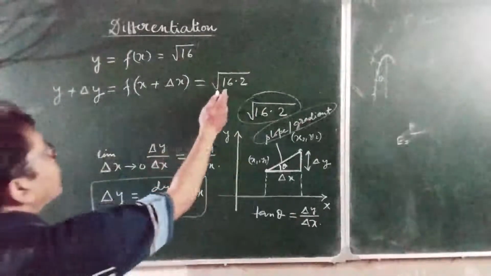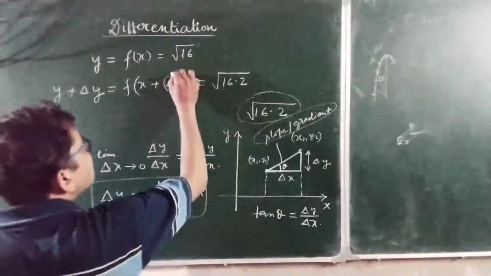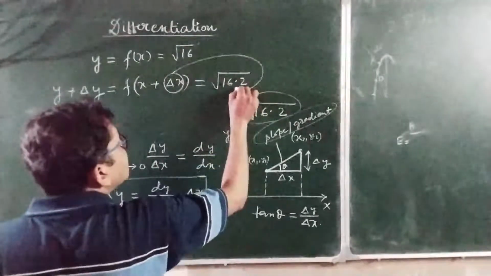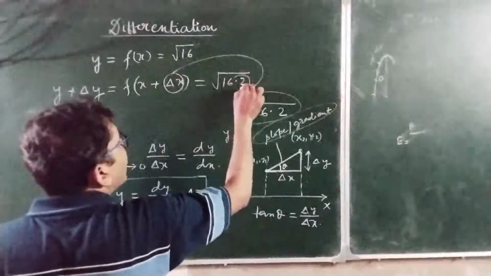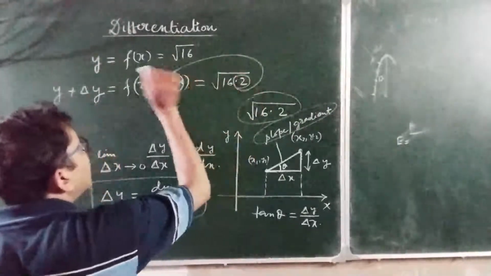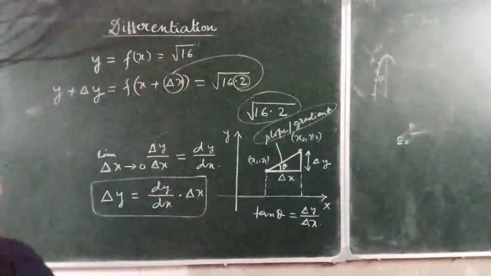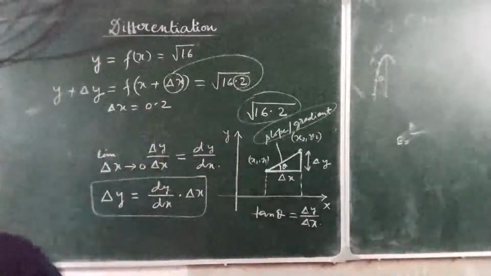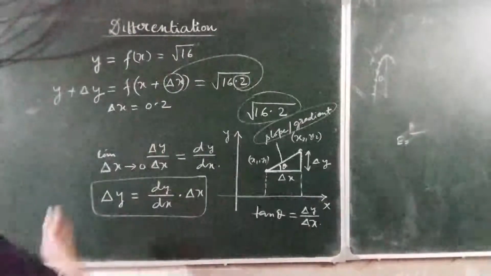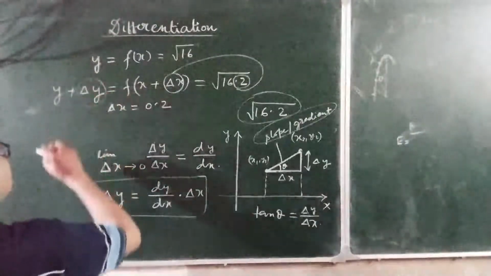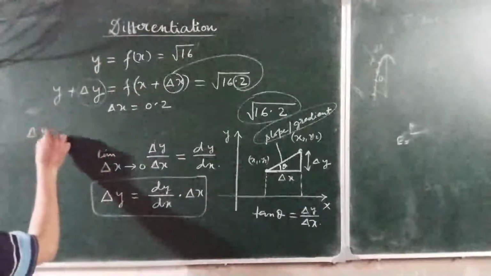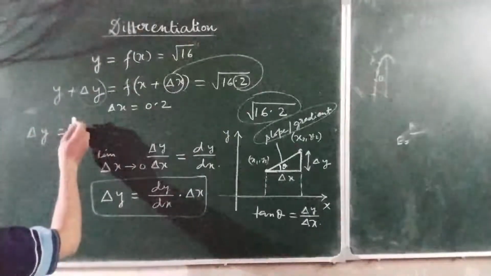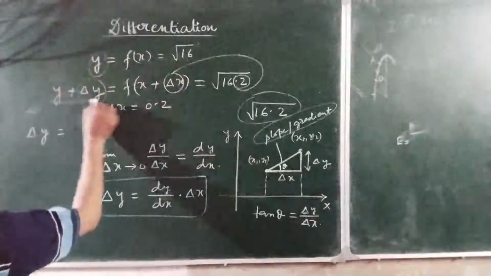So clearly from this value, this increment 0.2 is the increment referred to as del x. That means del x is equal to 0.2. How can you measure del y? So del y can be measured by subtracting this one from this one.